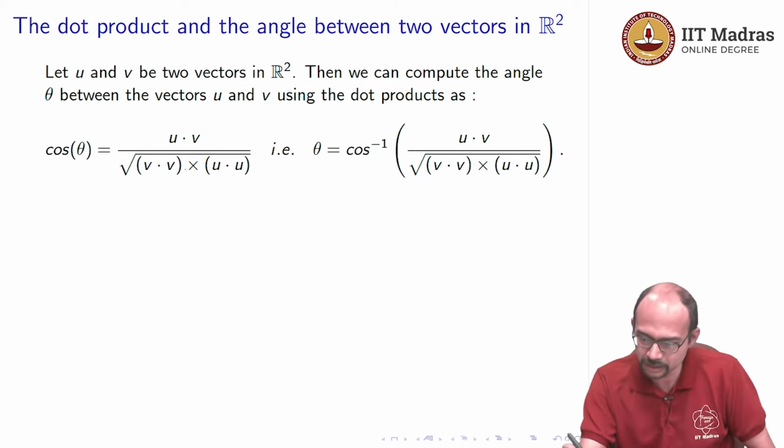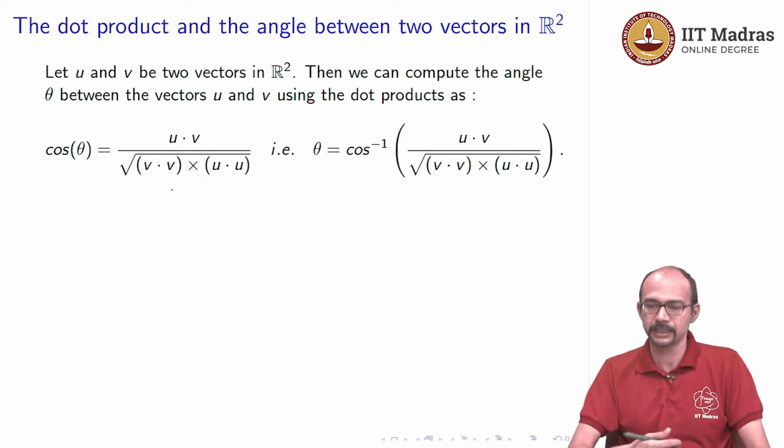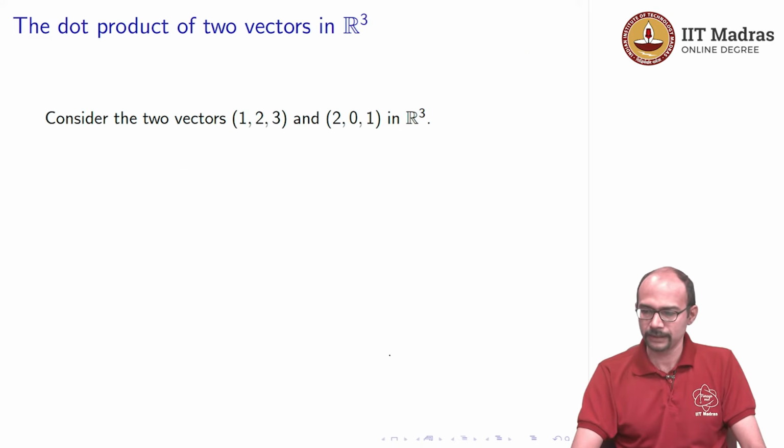These are real numbers, remember, so this is just multiplication of real numbers. Then you can take the inverse cosine, and we usually think of it as being between 0 and 2 pi again. So let us do an example. Consider the two vectors.